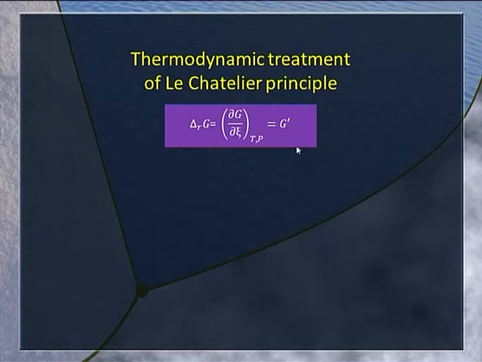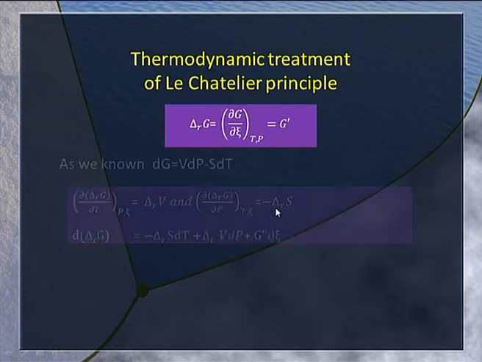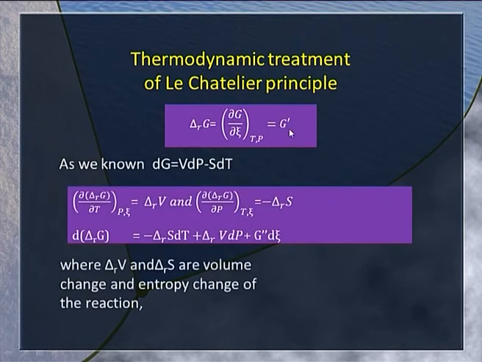This expression has already been seen, where the partial derivative of G with respect to xi is the reaction Gibbs free energy, and if we do a double derivative of that, we represent it by G double prime. It is already known that dG is related to pressure and temperature change by this relationship.